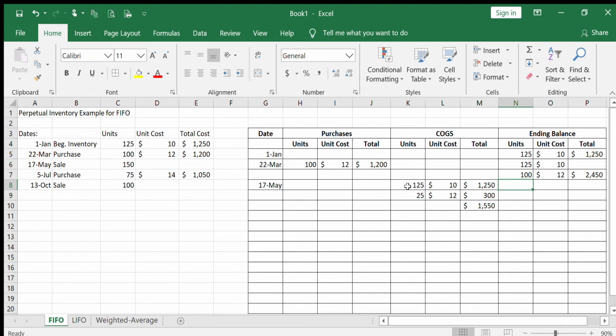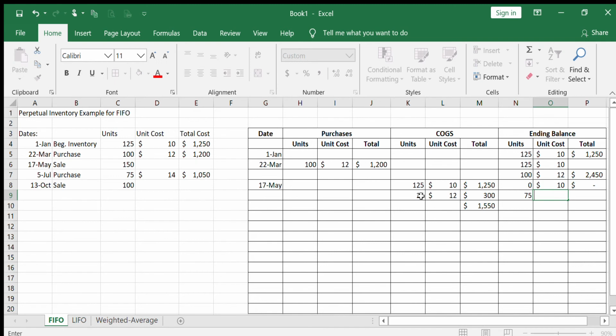So next we need to update what our ending balance is in our inventory. So we just took 125 units from our beginning inventory right there. So we can go 125 minus the 125. That obviously gives us 0. It was still $10. And when we multiply 0 times 10, we will obviously get 0. So next we have to look at our purchase amount of 100. So we use 25. So we do that 100 minus the 25, which will give us 75.